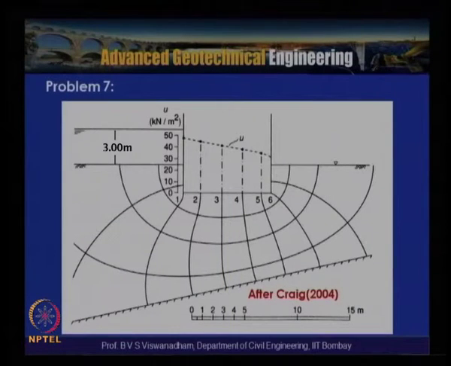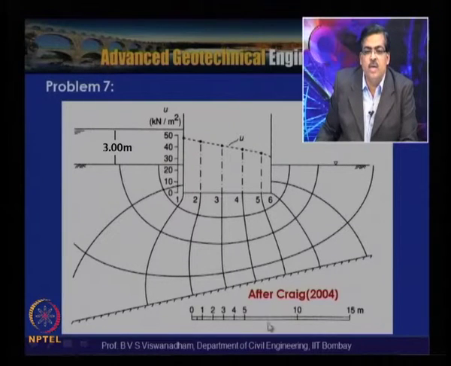In this slide, a typical flow net diagram is given for your convenience, and the scale is also shown here. This is the impervious stratum, and being impervious, it becomes a flow line.